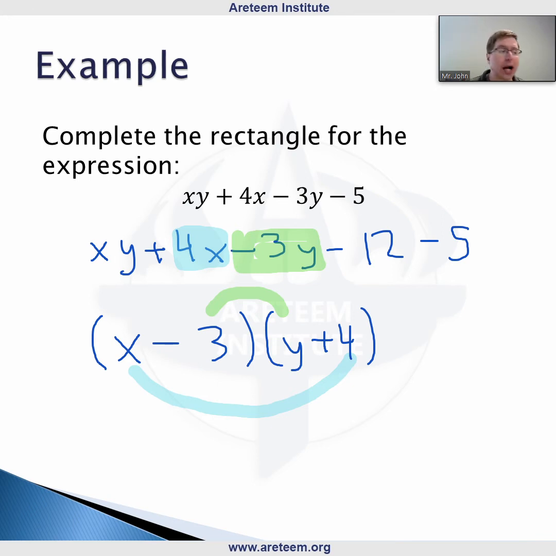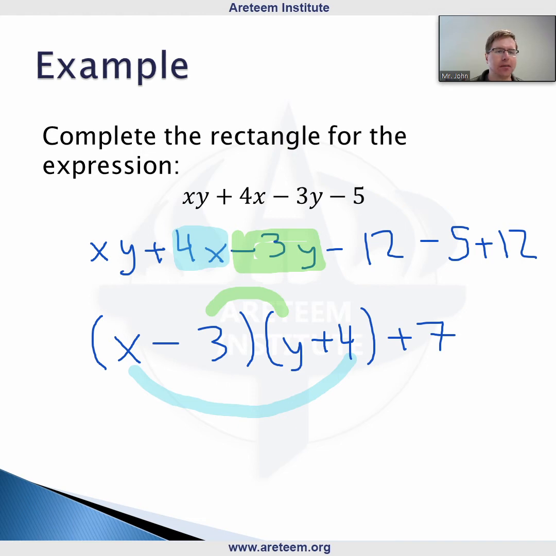Can we just subtract 12 from our expression? No. So we need to add 12 at the end so we don't actually change our situation. So the idea here is that we have a plus 7 in this case, 12 minus 5 is giving us a plus 7.